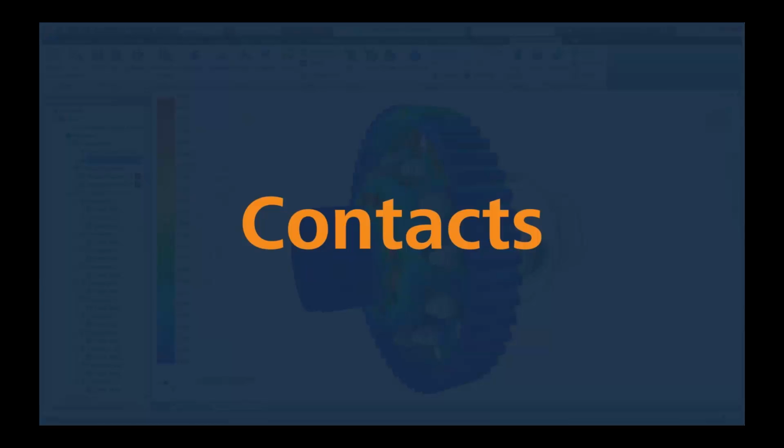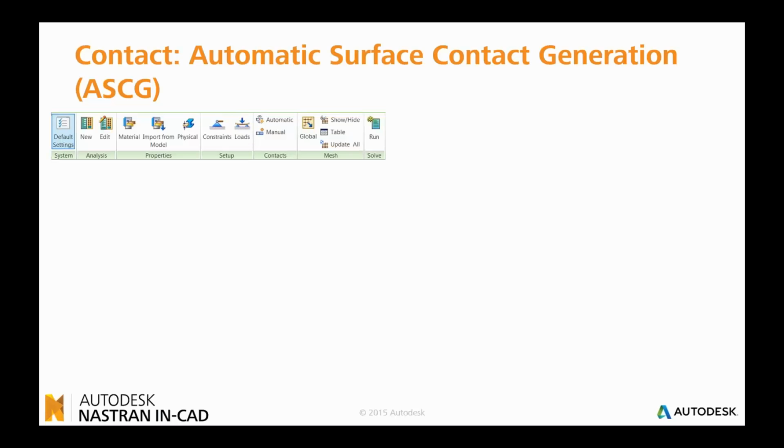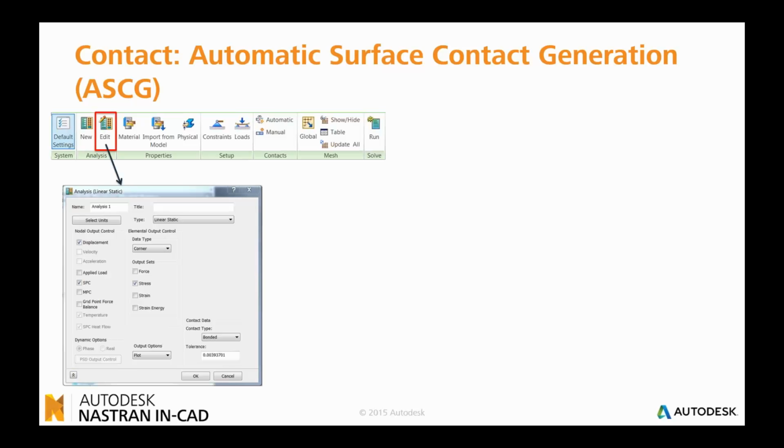Okay, so that's connectors. What about contacts? Well, contacts can be defined in a number of ways, and Nastran In-CAD has automatic surface contact generation. So when you define an analysis type, you'll see down in the bottom right-hand corner of the dialog box that you have a contact data area, and this contact data area enables you to define the contact type, the default contact type, and the tolerance that would be associated to it.